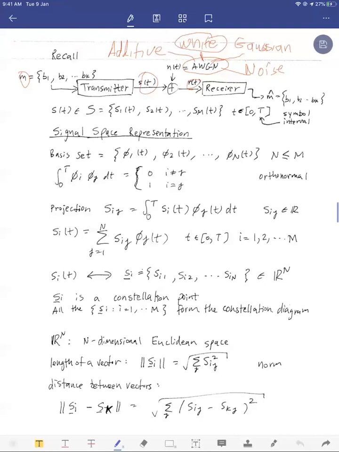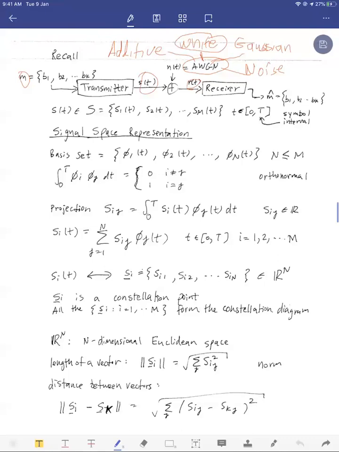And my transmit waveform S of t, which is the output of the transmitter, comes from some set S, right? Uppercase S or script S, and script S is a set of waveforms, S1 of t up to Sm of t, right?